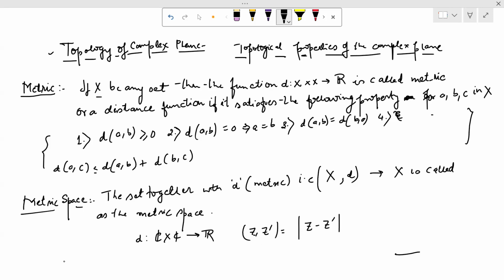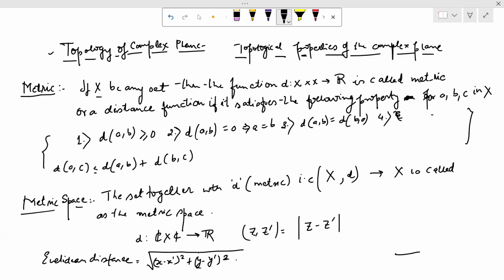Here I refer to the Euclidean distance. Euclidean distance means, if z is (x, y) and z dash is (x dash, y dash), then this distance is given by the square root of (x minus x dash) whole square plus (y minus y dash) whole square. This is called the Euclidean distance.